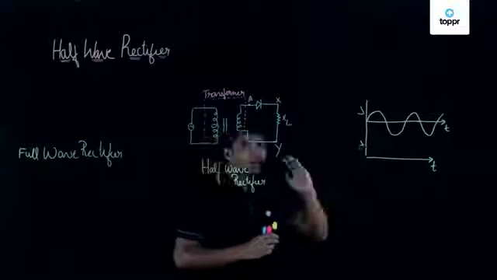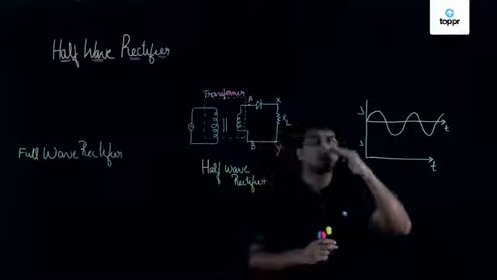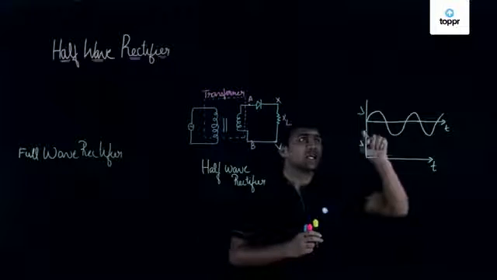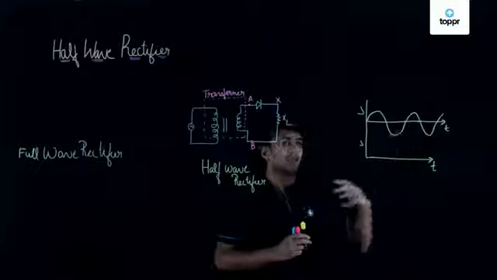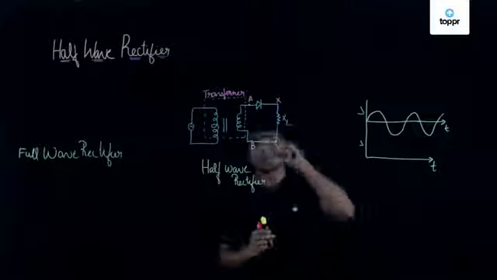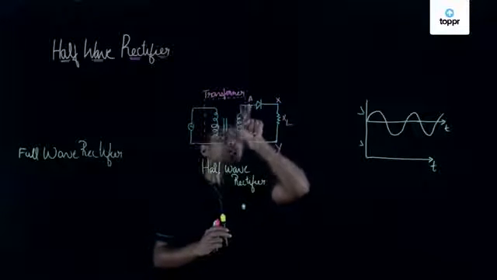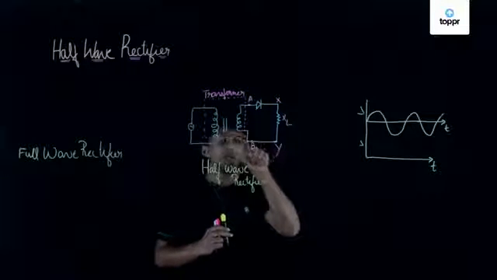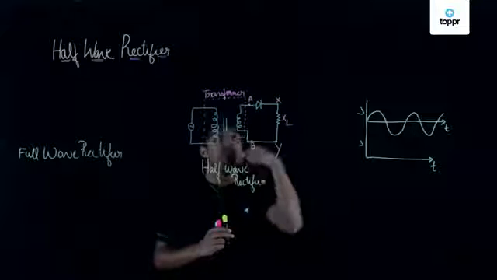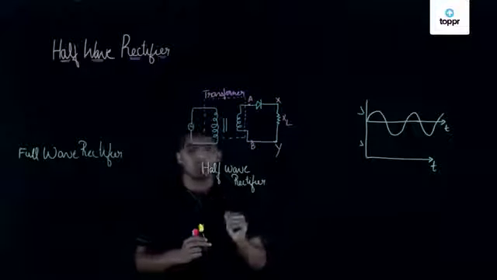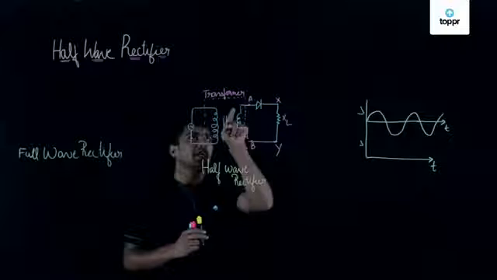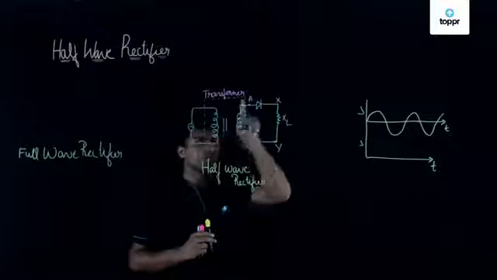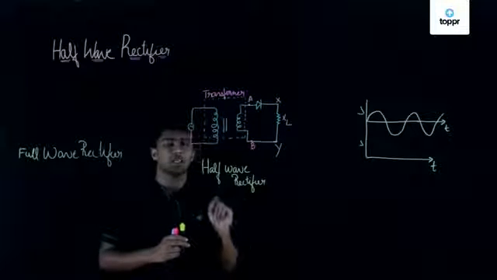So when we talk about the VI characteristics or the output, if this is the input, what kind of output will we get? The current will flow here, and when it reaches point A, the diode is forward biased. When it reaches point B, the diode will convert into reverse bias, right? Because now the current is flowing in the opposite direction when compared with the transformer.